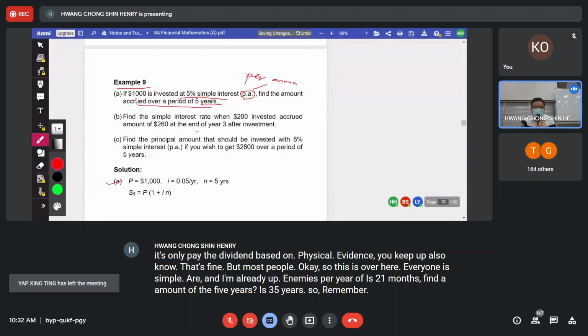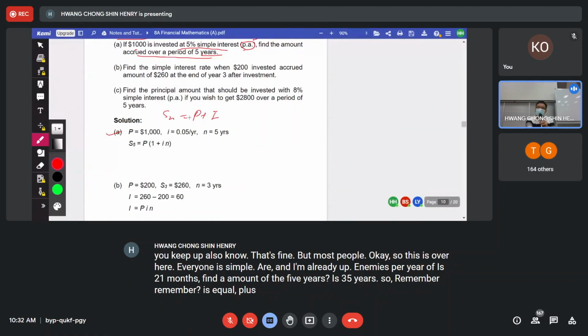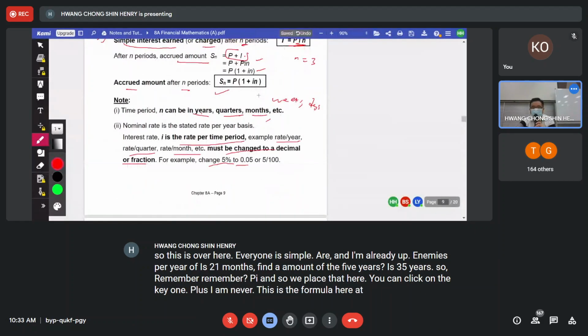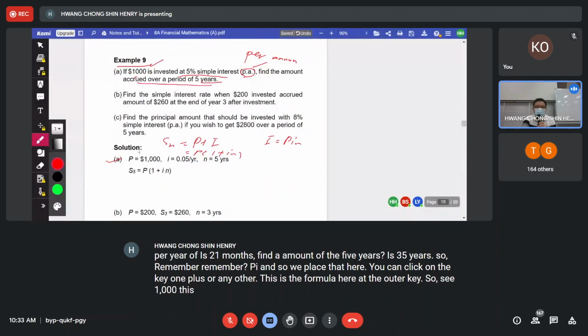Remember the accrued amount is your SN, right? Remember the formula: principal plus dividend, that's your total money after 5 years. But I is PIN. So we put it inside here. We can factor out the P, 1 plus IN, remember? This is the formula here. So, say 1,000 is your principal.